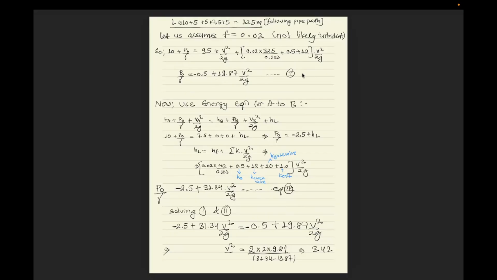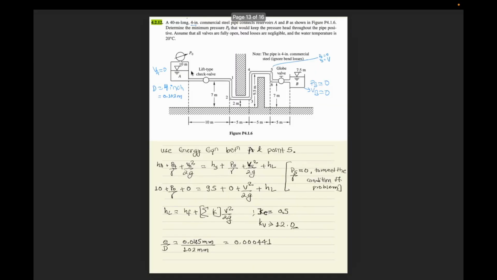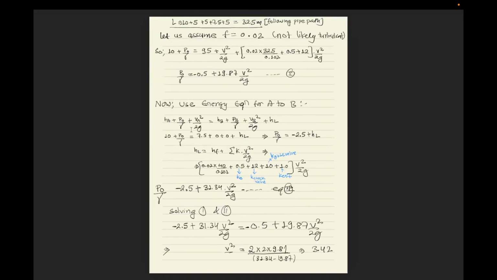So let it be equation 1, and now go through reservoir A and reservoir B, where the velocity will be 0 and pressure will be 0. We need to find the pressure naught. So we have the energy equation for A and B. For head loss, we need to consider many things like HF plus summation of K times b square by 2g.